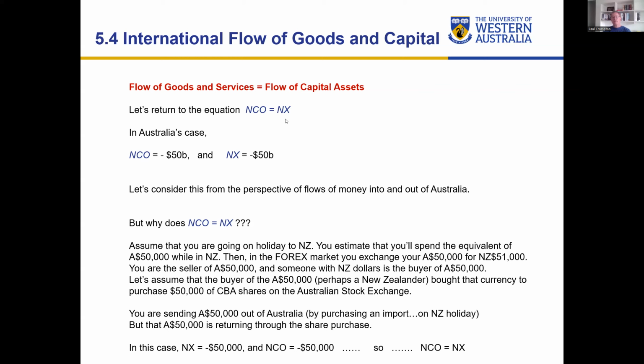Or you could have BHP exporting another $50 million worth of iron ore, which would increase the value of NX as exports increase. Then the question is, with that equation out of equilibrium, how is equilibrium restored? So that's the direction we are heading in.